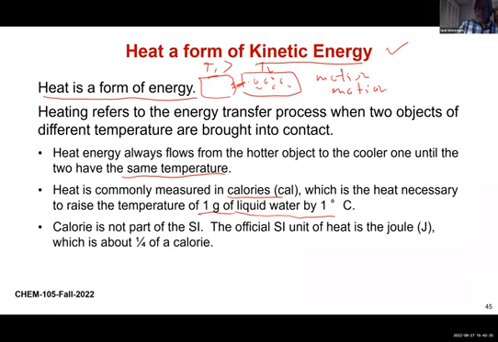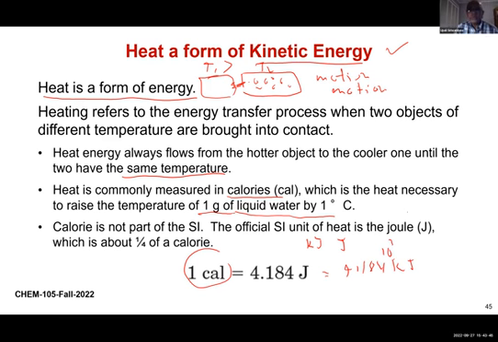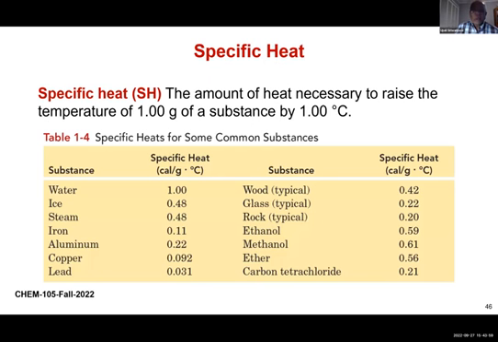The SI unit for heat is kilojoules or joules. 1 calorie is 4.18 joules, or 4.18 times 10 to the negative 3 kilojoules. A kilojoule is bigger.